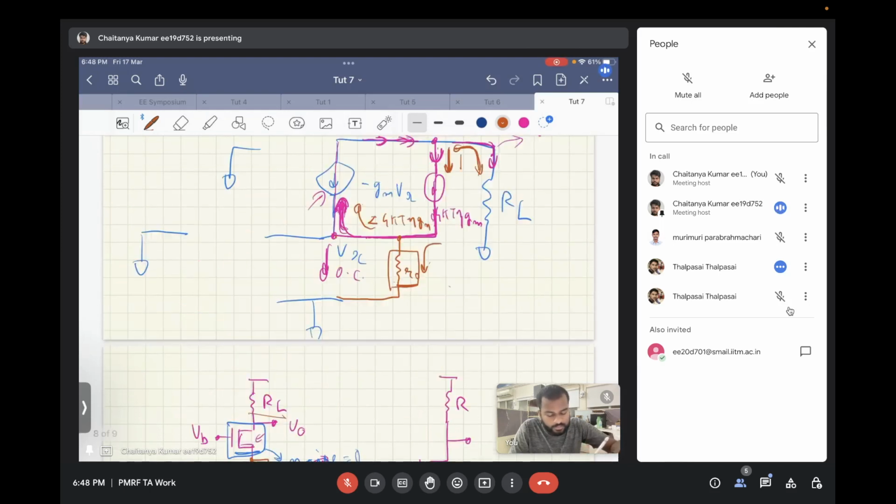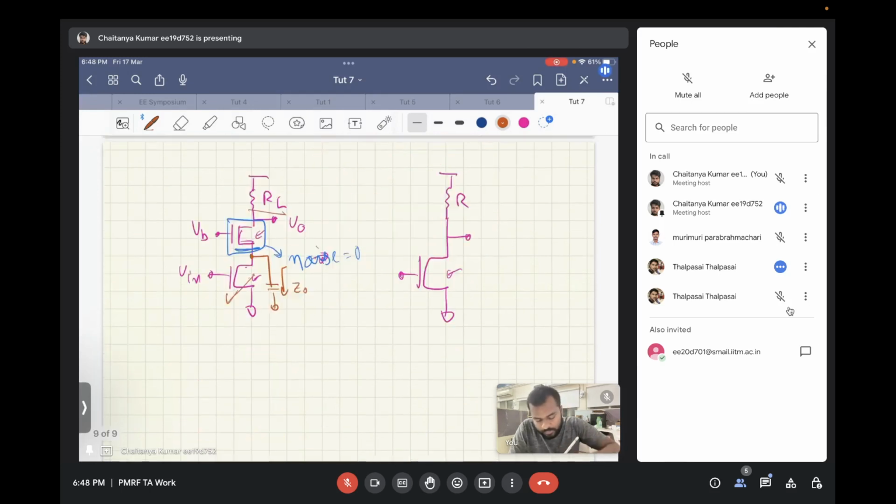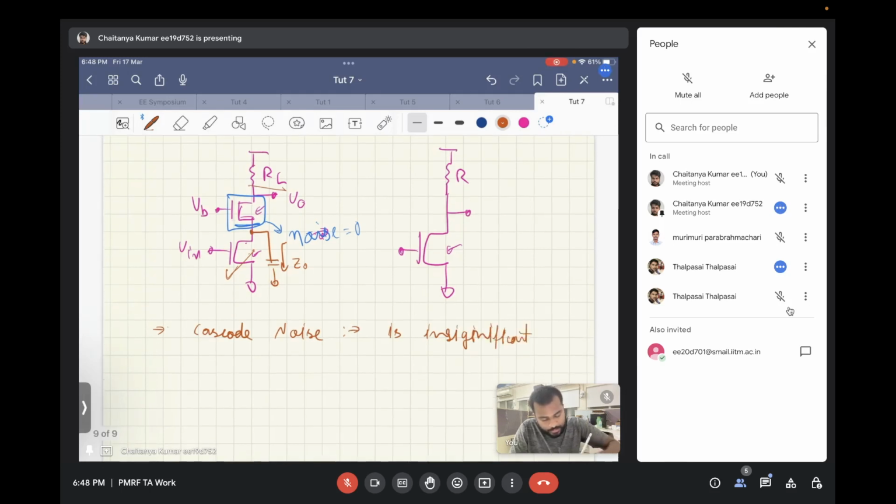So in that case, the cascode noise will again come at the output. So we can conclude that cascode noise is insignificant at low frequencies.